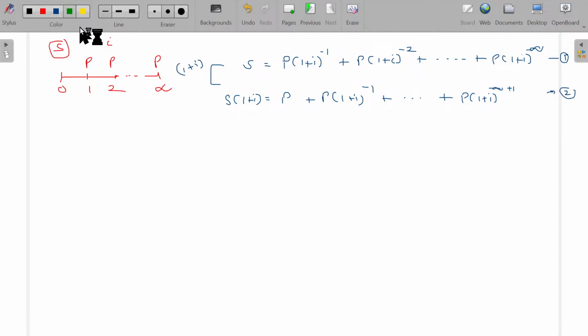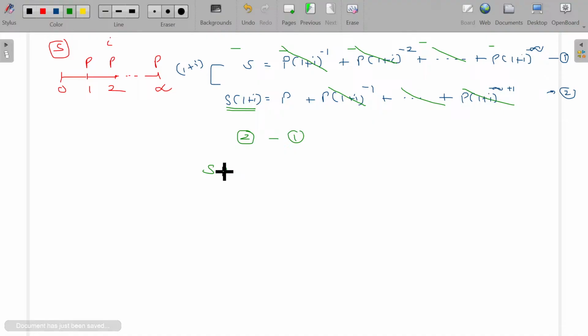Now I'm going to subtract equation number 1 from 2. Change the signs here. The first factor of the first equation and second factor of the second equation get cancelled. Second and third get cancelled. Last but one and last get cancelled. Finally, this can be multiplied inside, so S plus SI minus S is equal to P minus P into 1 plus I to the power minus infinity.